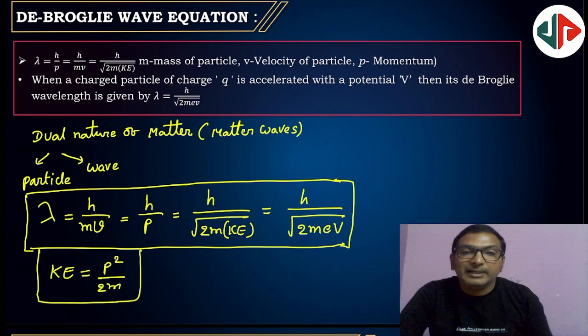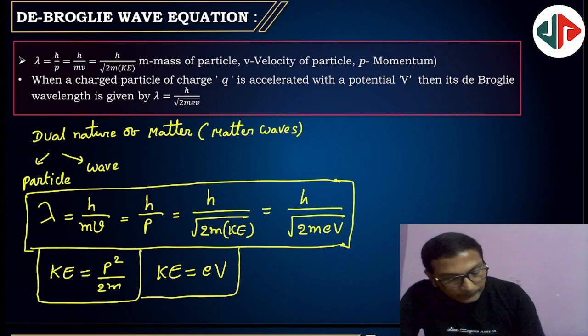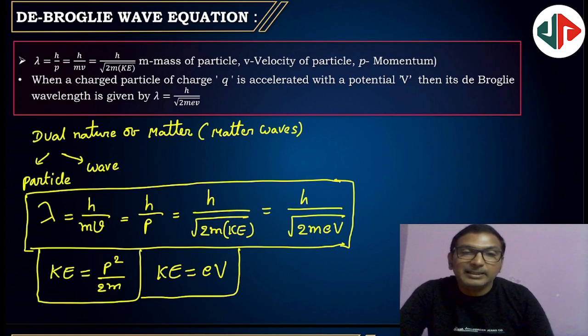Next, in place of kinetic energy, we can write charge into potential. E is charge of material particle, V potential. So from this we can calculate wavelength, next momentum, kinetic energy and potential also.